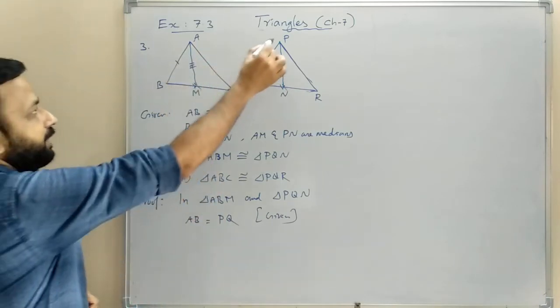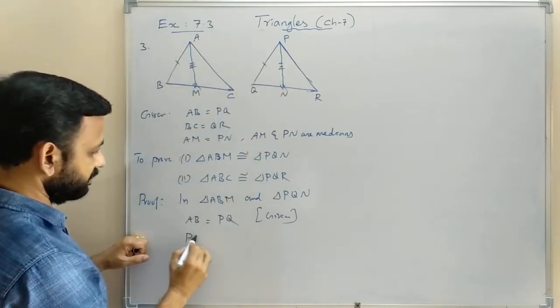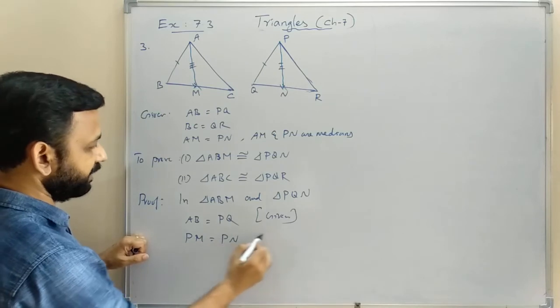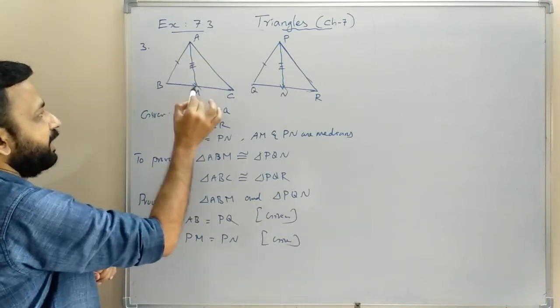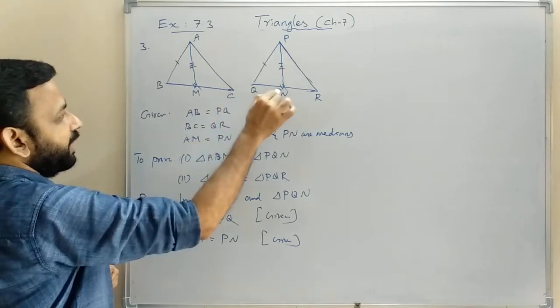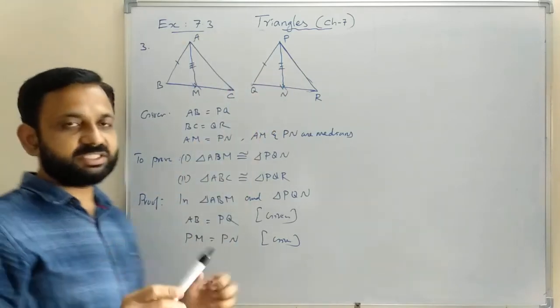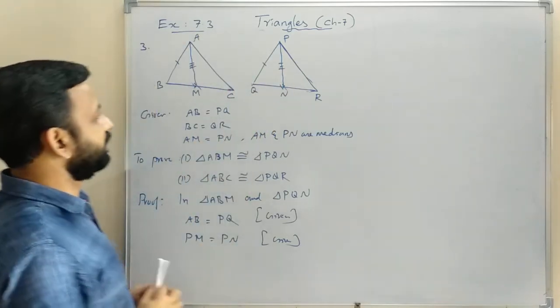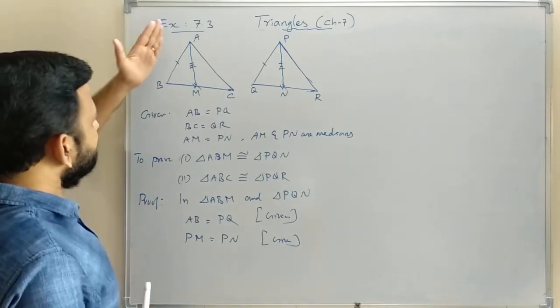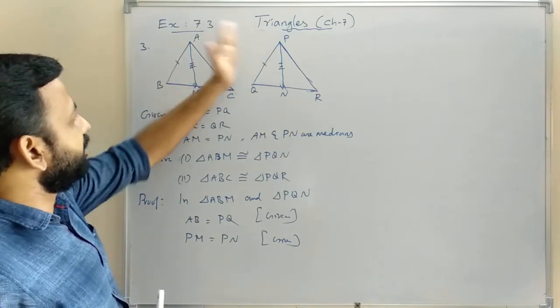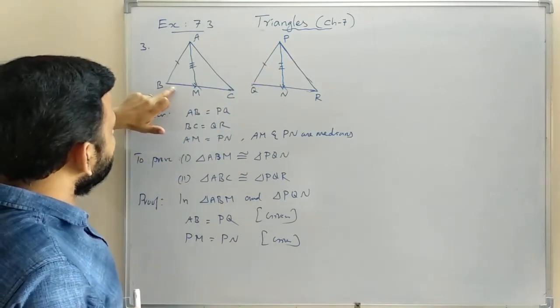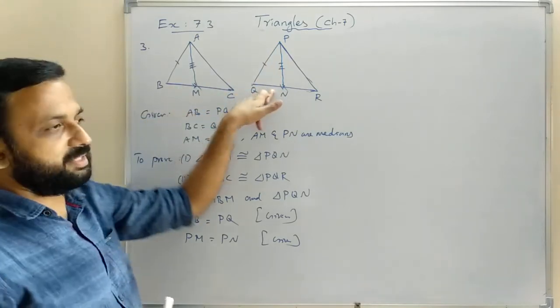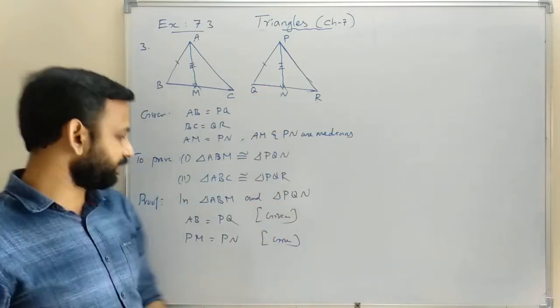Then AM equal to PN, that is also given. If we want to prove triangle ABM congruent to triangle PQN by the SSS theorem, then AB equal to PQ is given, AM equal to PN is given, and if we can prove BM equal to QN, then by SSS theorem they are congruent.